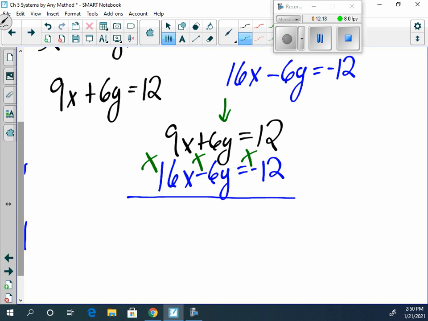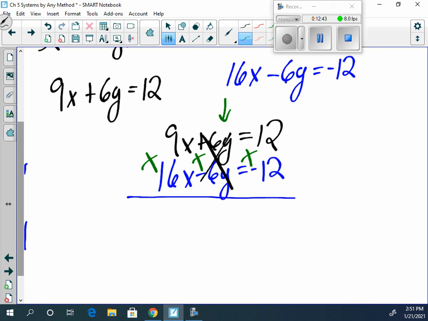And if you're not sure, just take one and guess. Say subtraction. Well, is 6 minus negative 6 equal to 0? If it is, then that's what we want. If it's not, we want the other one. 6 minus negative 6 is not 0. But 6 plus negative 6 is 0.